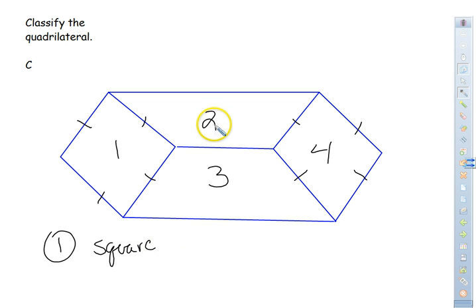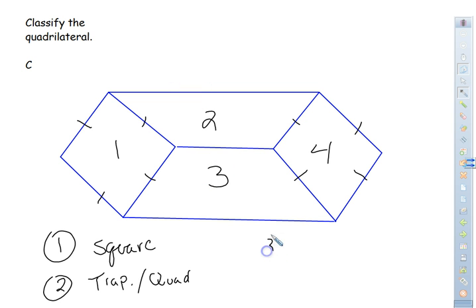If we look at quadrilateral number 2, this one would more than likely be considered a trapezoid. Some of you might have called that just a quadrilateral. If you did, that would be because this line and this line were not parallel to each other. They're close, but some of you might have noticed that it's off just a little bit.